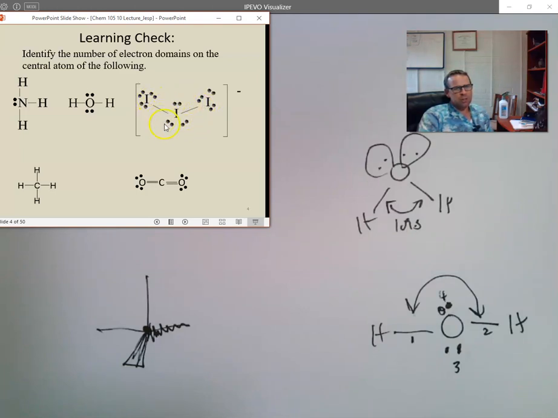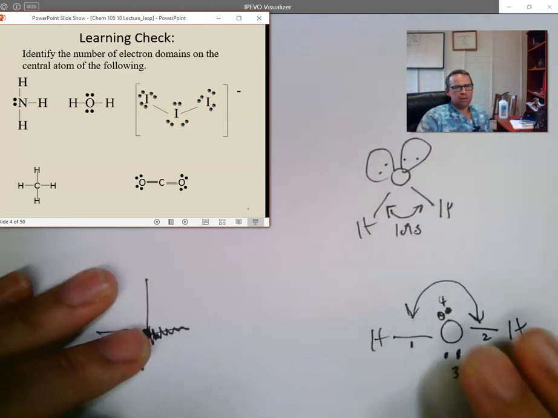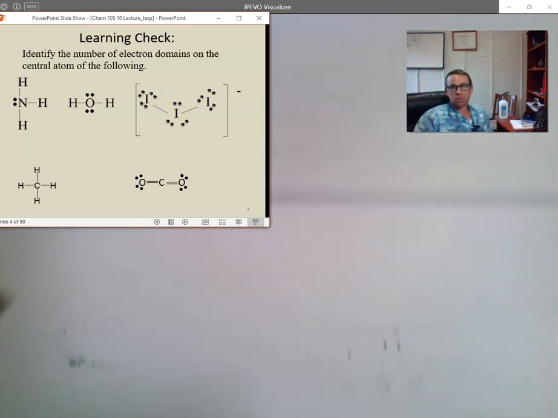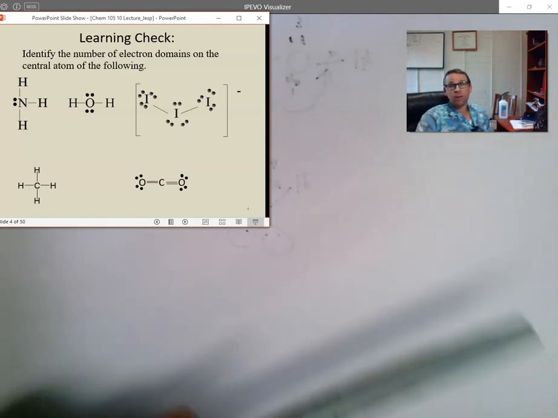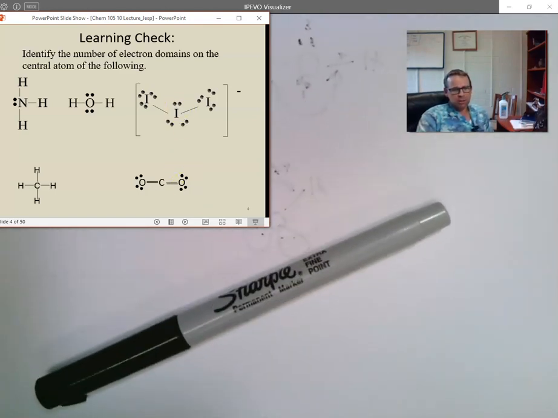So that's 5 regions of electron density around that central atom. Can you see that, Emily? Yeah, I can see it now. So then the question is, what happens when we have a compound with 5 regions of electron density?